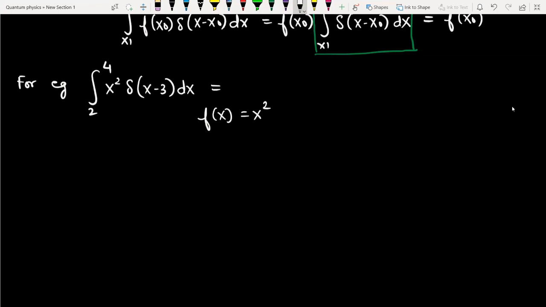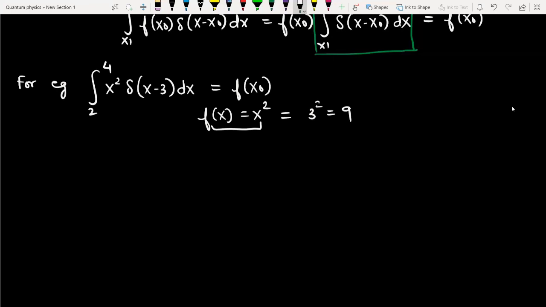And does this x naught come between the integration limit 2 to 4? Yes, 3 comes between 2 to 4. So what is the answer? We know from the above property that the answer is f of x naught. What is x naught? x naught is 3. Therefore the answer is 3 square, which is equal to 9.